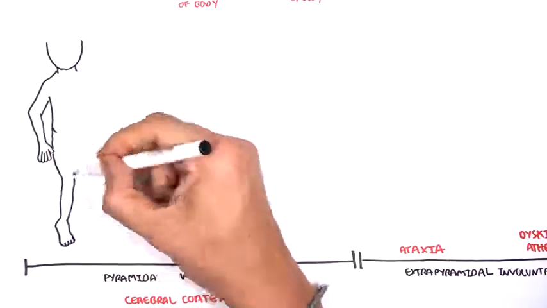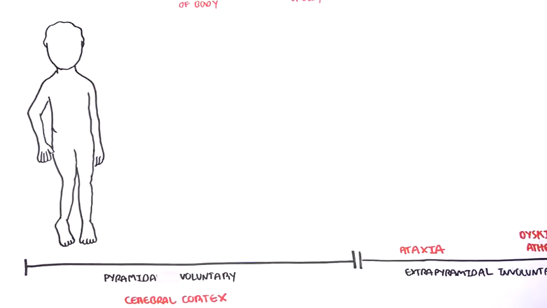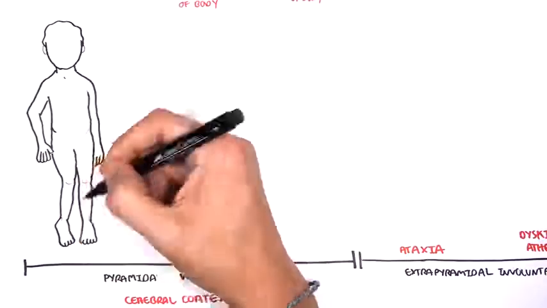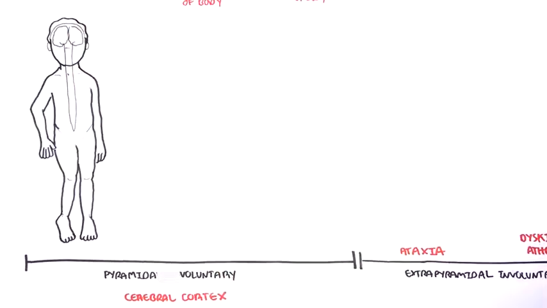Let us focus on spastic cerebral palsy first, which affects the cerebral cortex. Now, cerebral palsy is not only categorized as to the area of the brain affected, but also how much of the body is affected.